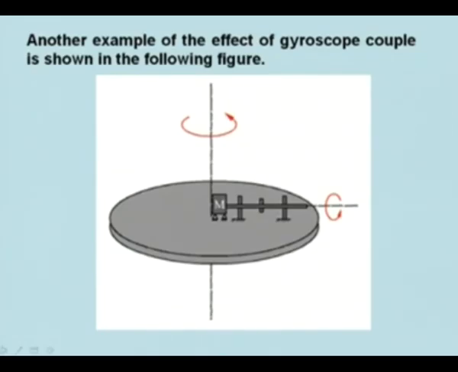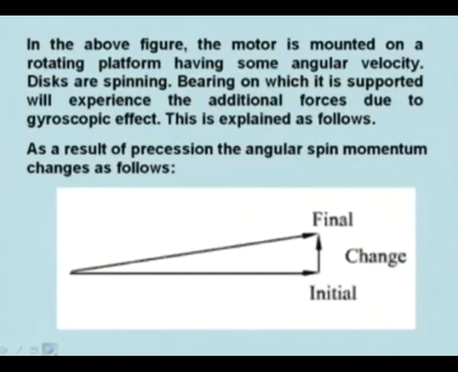Now there is a spin motion of the rotor, but at the same time the whole disc is rotating. The motor is mounted on a rotating platform having some angular velocity. The discs are spinning, and the bearing on which it is supported will experience additional forces due to gyroscopic effect.